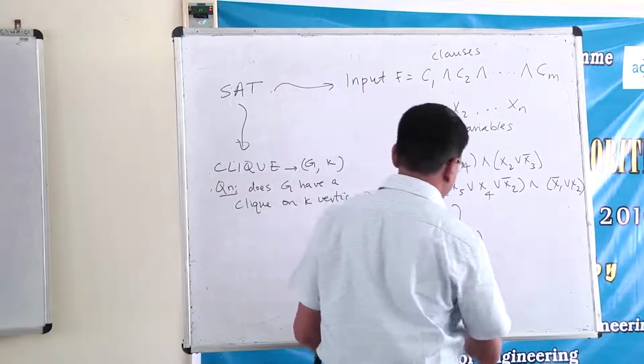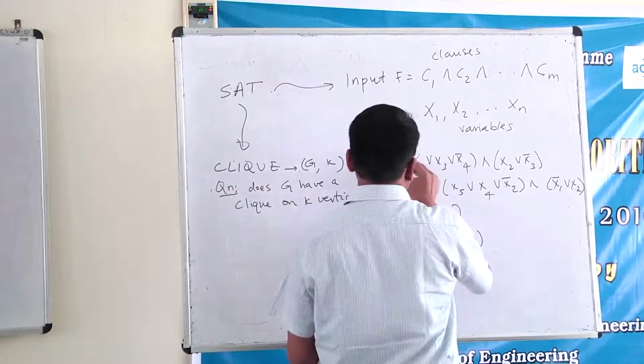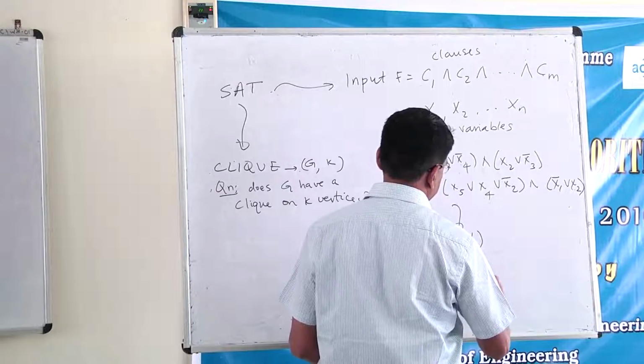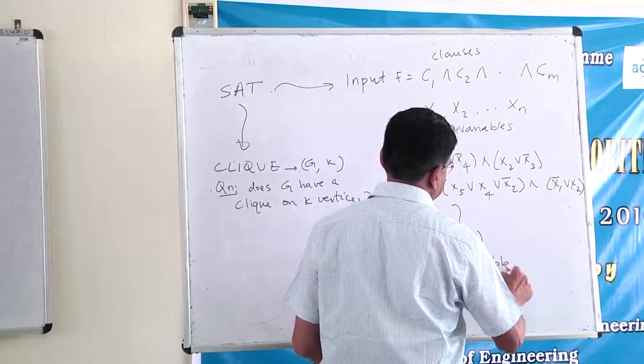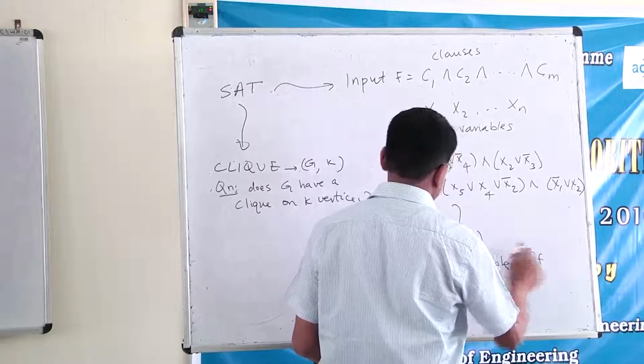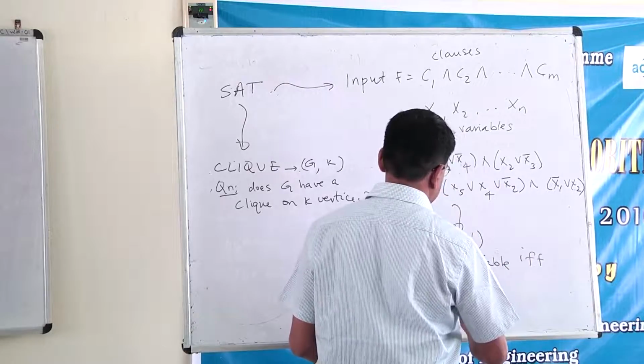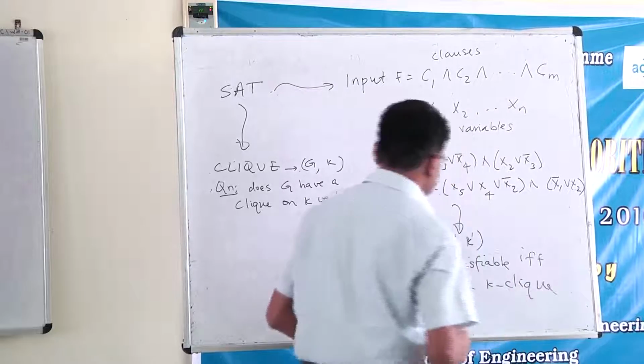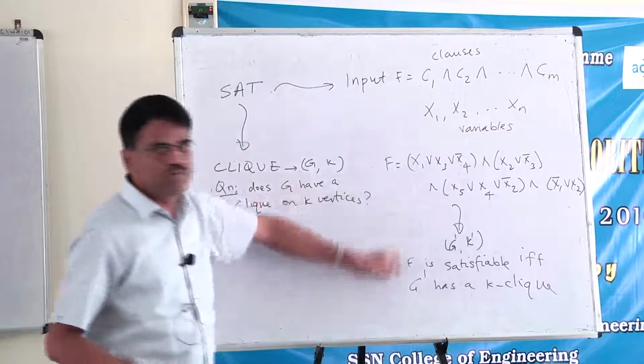I will do it with the following property, that F is satisfiable if and only if G' has a k'-clique, and I want to do this in polynomial time.